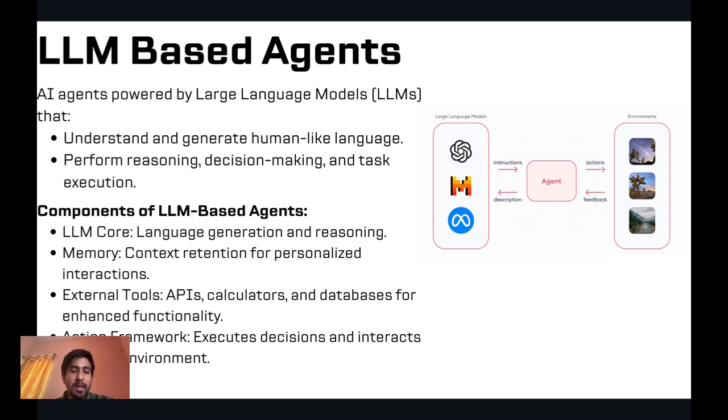And there will be some external tools or APIs, like a weather API for gathering weather information, a web search tool for gathering web search information, calculators for mathematical calculations, or vector databases for enhanced functionality. Those kinds of external tools will be available to the LLM. And there will be an action framework which can execute decisions and interact with the environment.